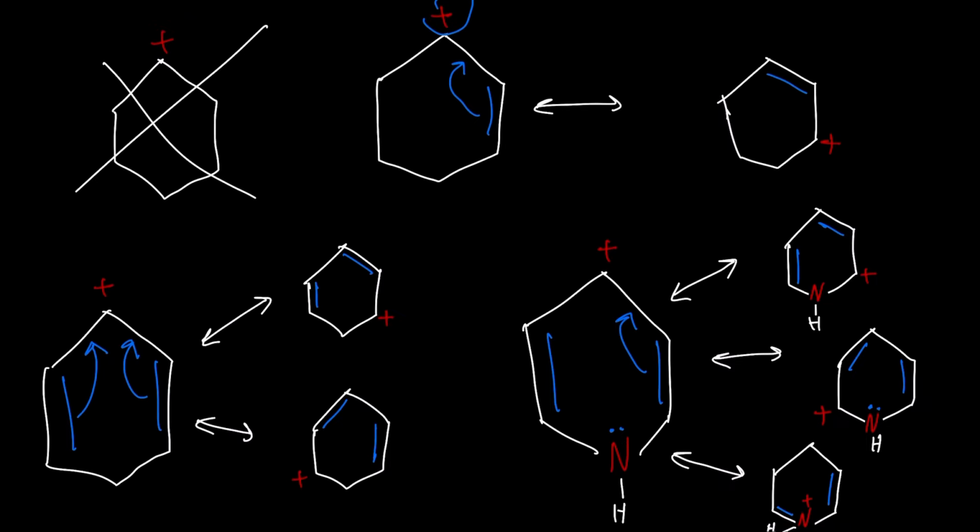So as you can see, in this situation, no carbons have positive charges, and the nitrogen is the one that bears the positive charge. And it's going to be most stable because now all of the atoms in this resonance structure are going to obey the octet rule. So in terms of ranking the stability of these ones, this is going to be more stable than this one, which is going to be more stable than this one, and this is going to be the least stable at number 4.